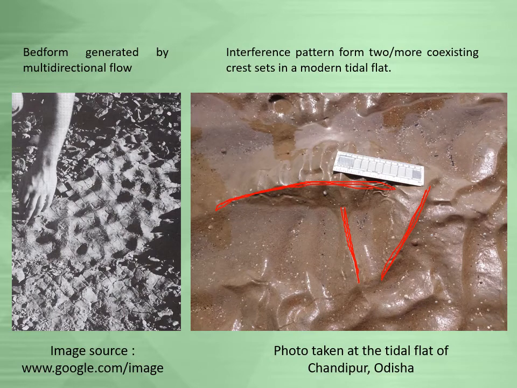So you can see that at least three crestline orientations are observed here. These three crestlines are formed due to different directional flows, and now they interfere with each other.